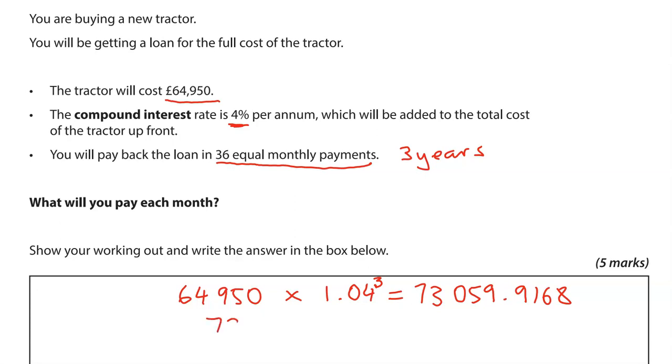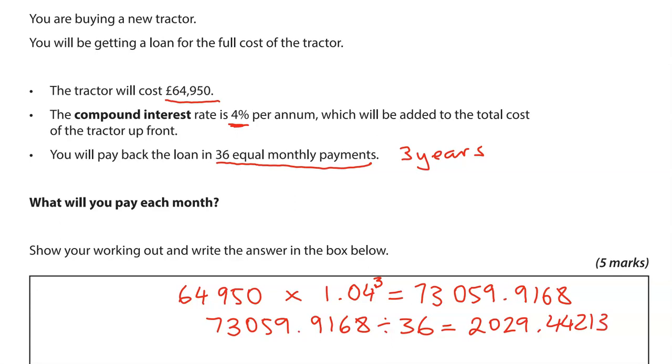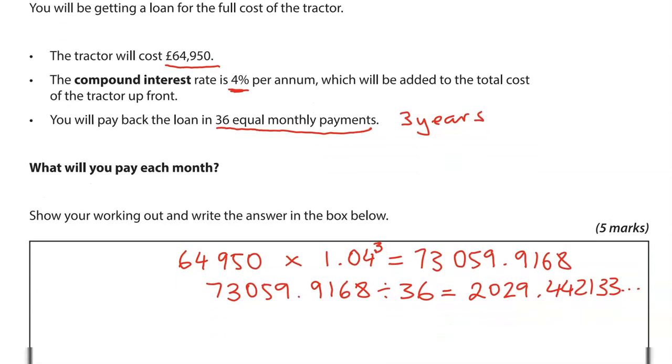So 73,059.9168 divided by 36 gives us 2,029.442133. So 3 is recurring.